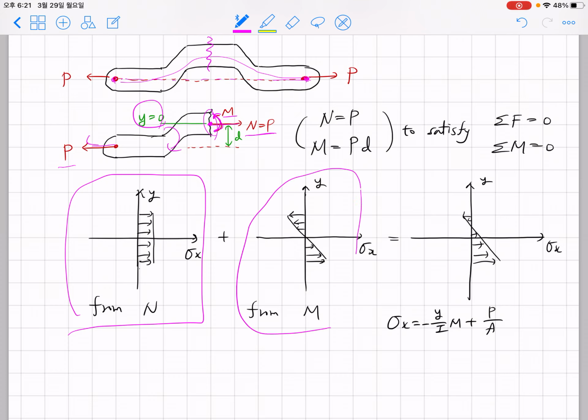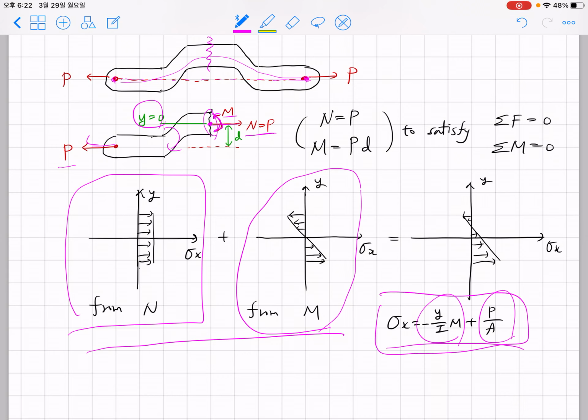From the moment M, you're going to have a stress linear in location y, and if you combine these two based on the superposition principle, sigma x can be written as minus y over I multiplied by M. This is the flexure formula, and P over A is the uniform stress. So sigma x equals minus y over I multiplied by M plus P over A.